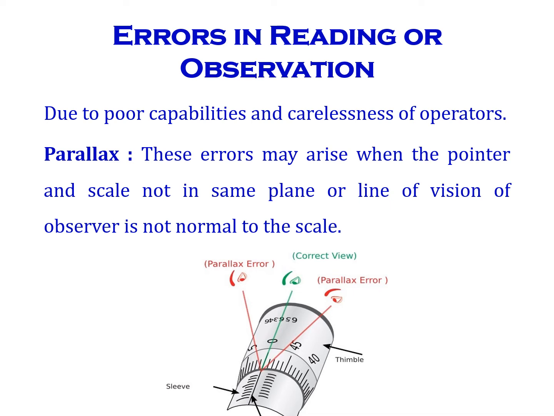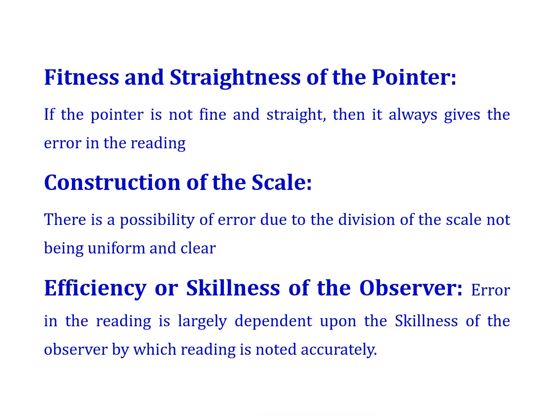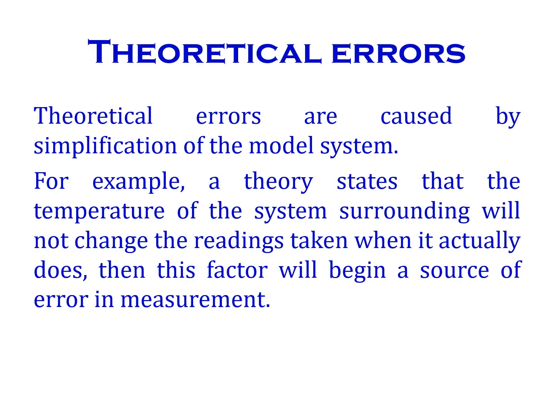And now look at this micrometer. If you are not taking proper matching of the scale, that is the minor scale and major scale, it may lead to error, that is parallax error, vision error. Fitness and straightness of the pointer, construction of the scale, and the skill of the observer are some causes for errors.